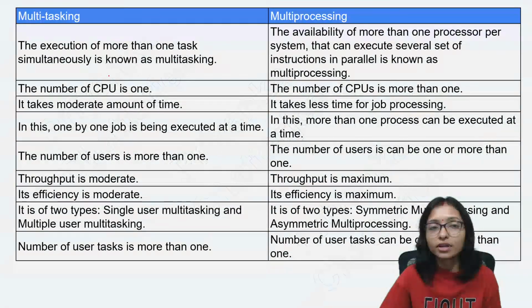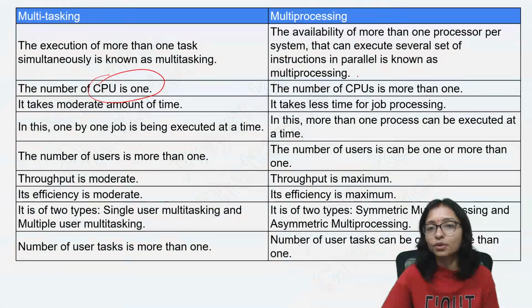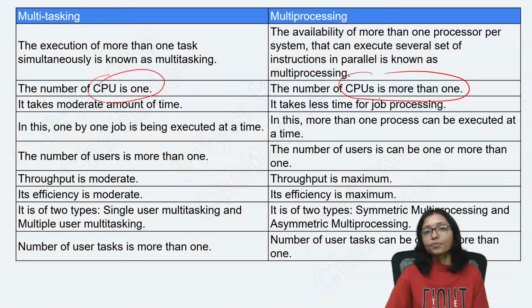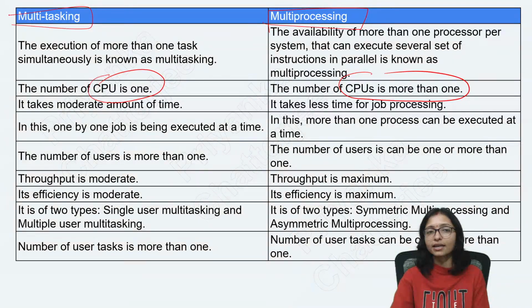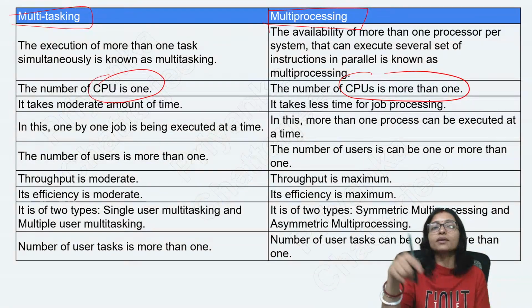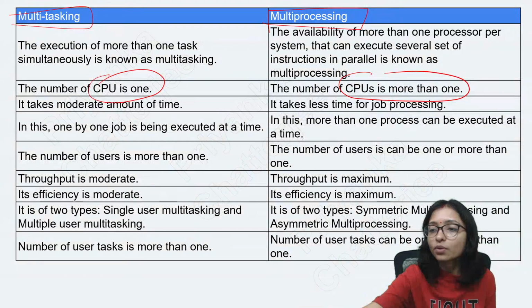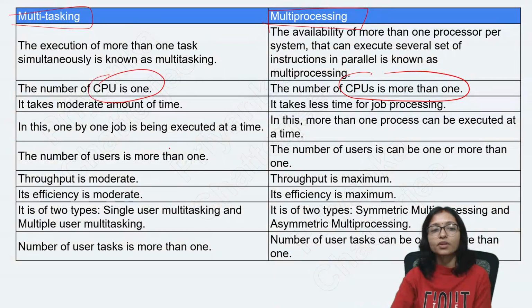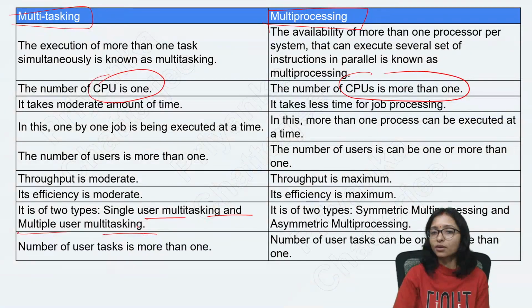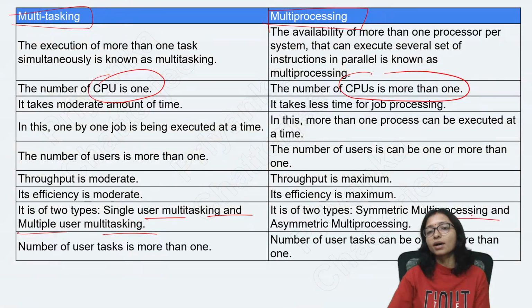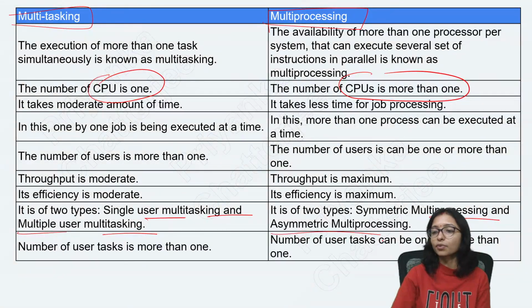That is the main difference you need to see: only one CPU, and here more than one CPU. That's why it is called multi-processing. Multiple processors are there, and multitasking is achieved by switching from one task to another task. Single user multitasking and multi-user multitasking are possible. Here symmetric multiprocessing and asymmetric multiprocessing are possible.